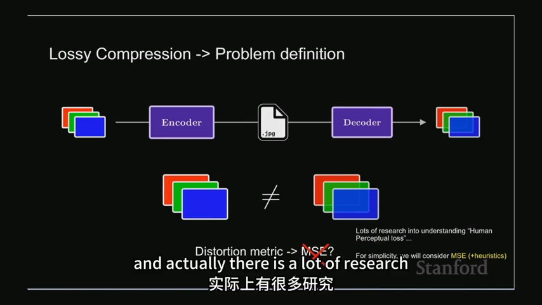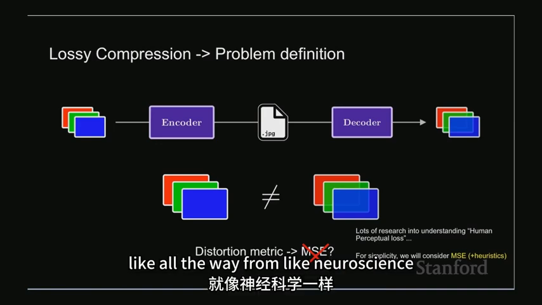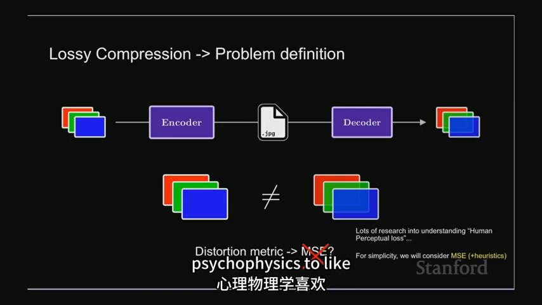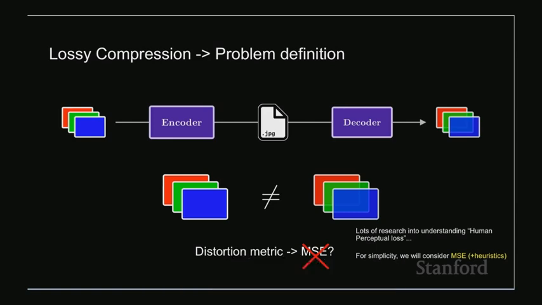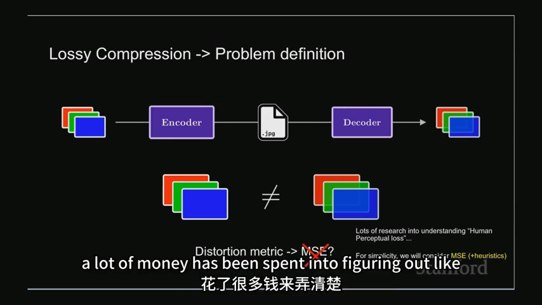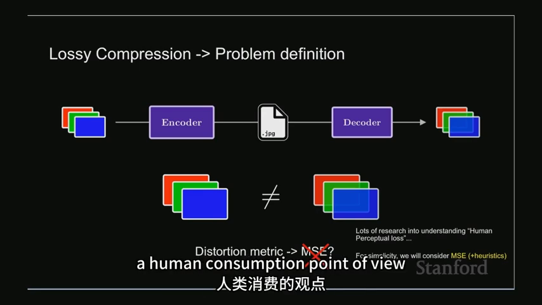And there is a lot of research which has gone into understanding human perceptual laws, all the way from neuroscience and psychophysics to designing these compressors. It's really integral: a lot of time, a lot of experiments, a lot of money has been spent figuring out how to tune the parameters so that they are optimal from a human consumption point of view.